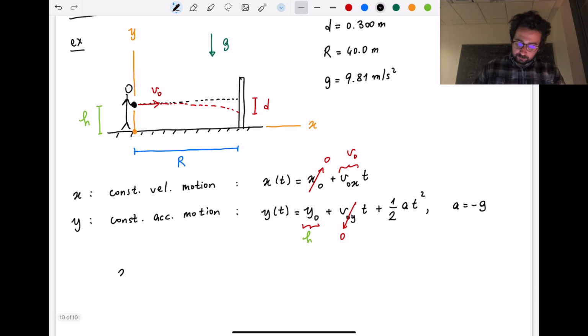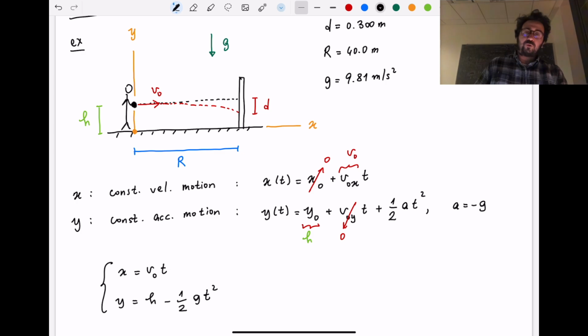So with that, we have x equal to v0 t and y equal to h minus 1/2 g t squared. And now we know everything about the motion of this object.